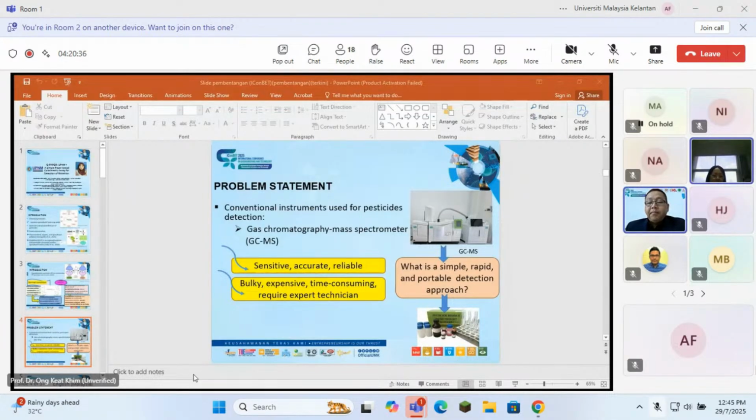Okay, Prof, I have one question. I myself am a microbiologist, but I use colorimetric methods for detection of iron and also several different metals.